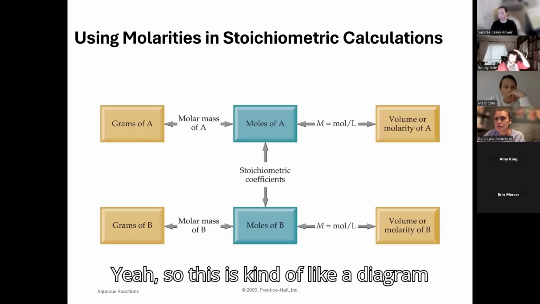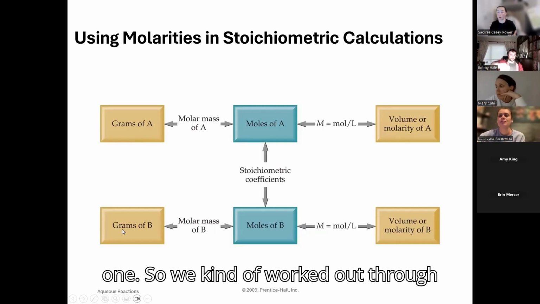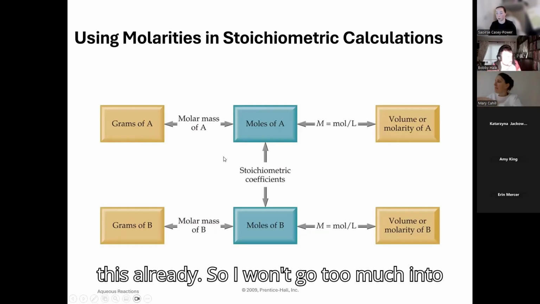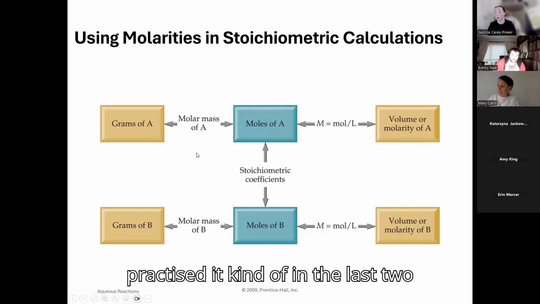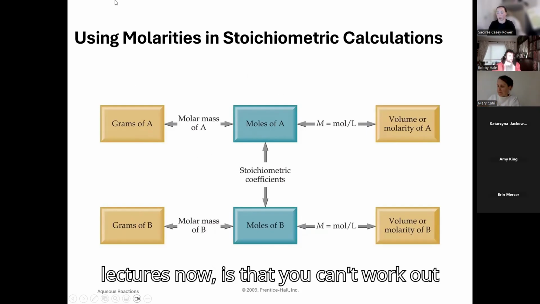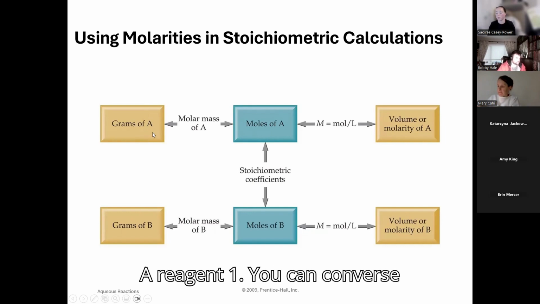Yeah, so this is kind of like a diagram that describes how we actually take each one. So we've kind of worked this out already, so I won't go too much into this, but what we can do, and we've practiced it in the last 2 lectures now, is work out with a reagent. Okay, so we'll call A our reagent 1.